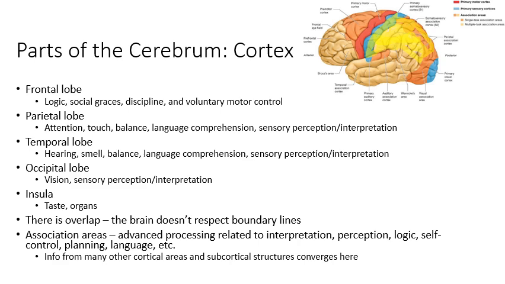The parietal lobe is responsible for attention, so where you are directing your attention. Also, your sense of touch, your sense of balance, understanding language, and interpreting or perceiving stimuli.